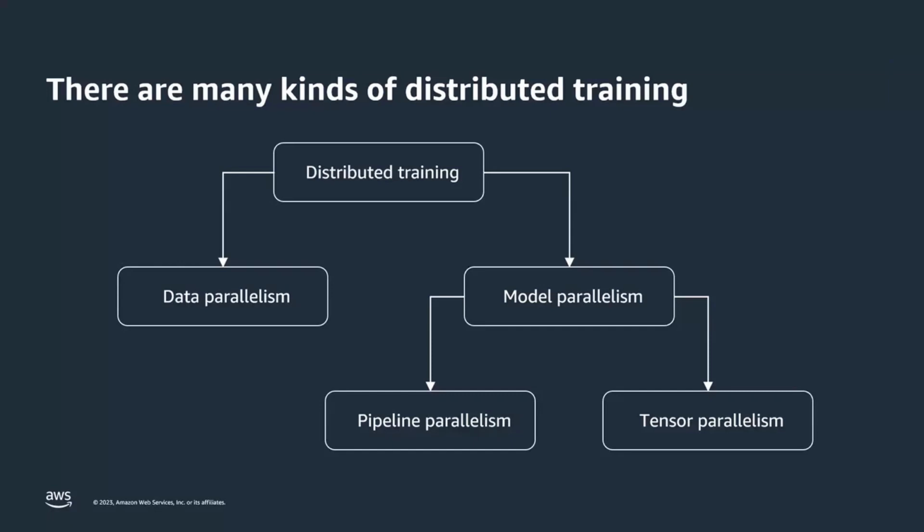Most customers actually take two approaches, as Joe mentioned in the very beginning: data parallelism and model parallelism. In data parallel training, the data set is split into several shards. Each shard is allocated to a device.